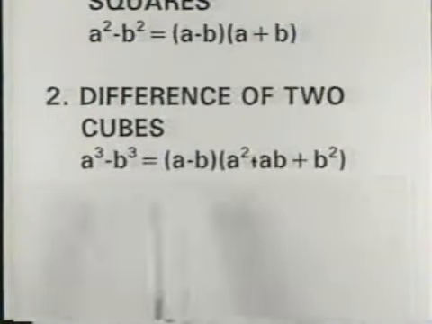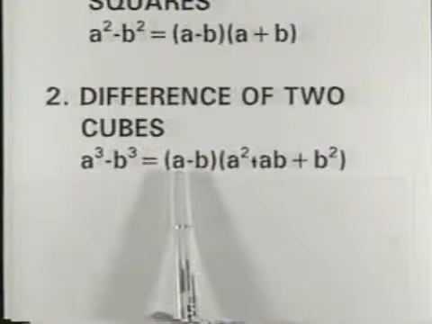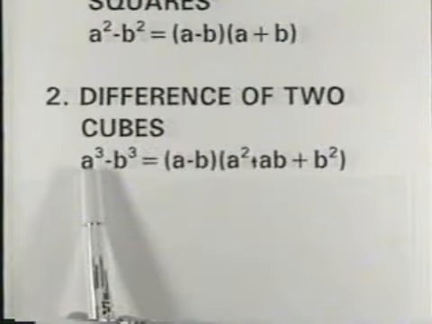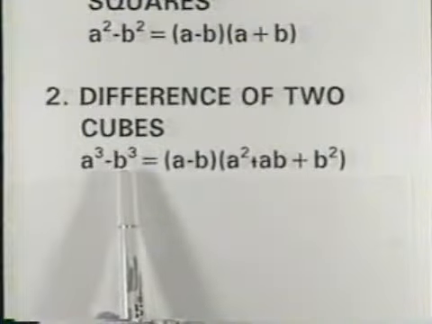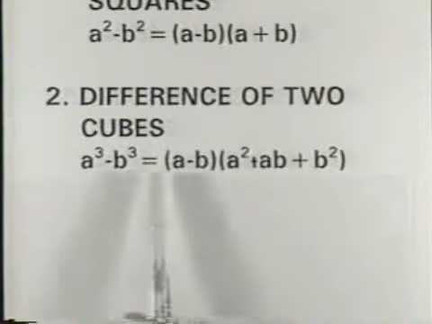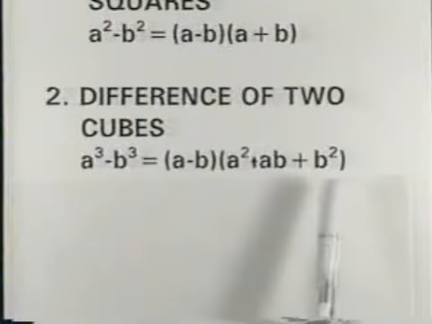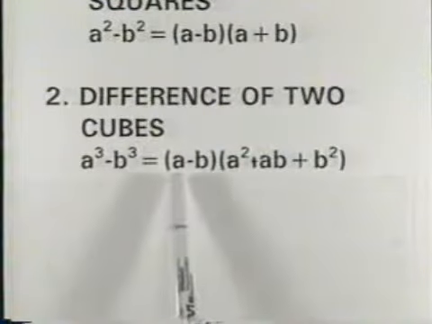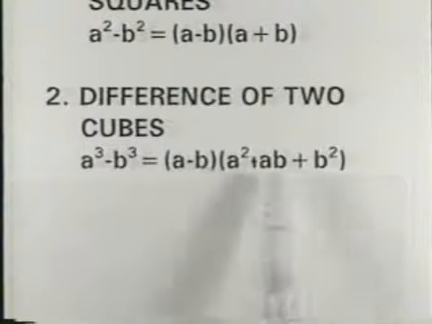Now the way I get these, the cube root of a cubed is a, so the first term is the cube root of the first term in the problem. The second term in the factor is the cube root of the second term in the problem. The cube root of b cubed is b. Now to get the trinomial, you have to remember that both signs are plus, and then you can do a times a, a times b, b times b.